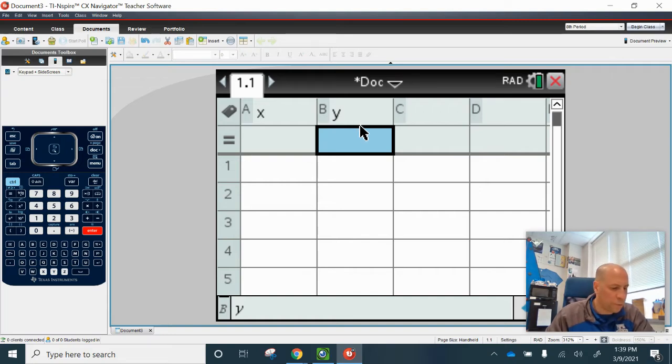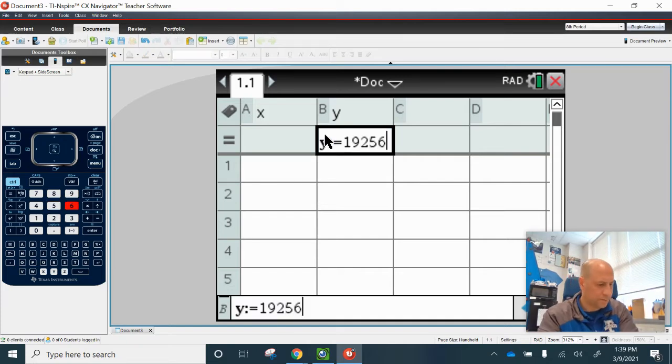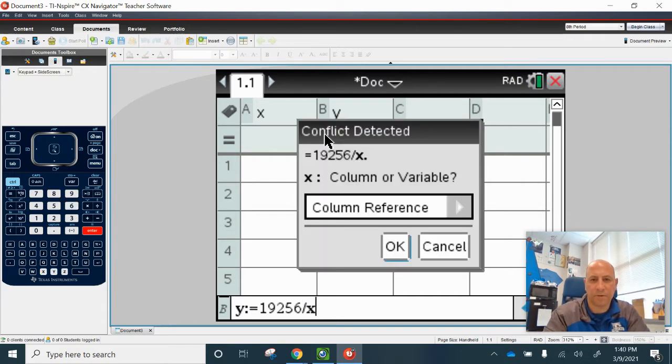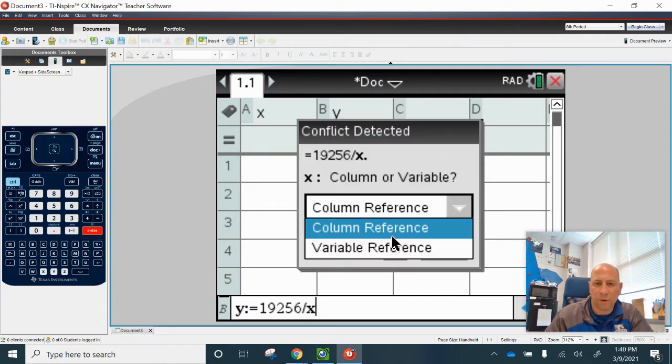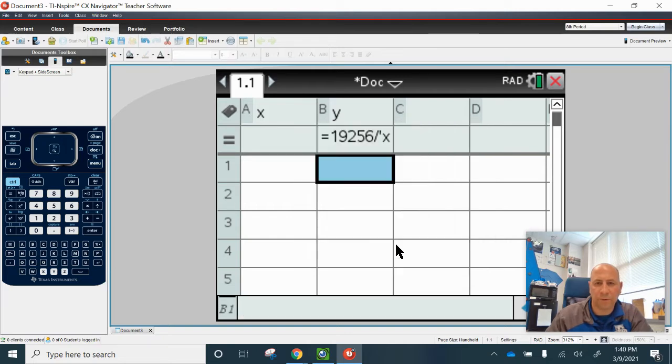Now, we need to figure out all the factors of 19,256. So what we're going to do here is put 19,256 divided by X. Press Enter. We want a variable reference because we want it based on X. Press OK.